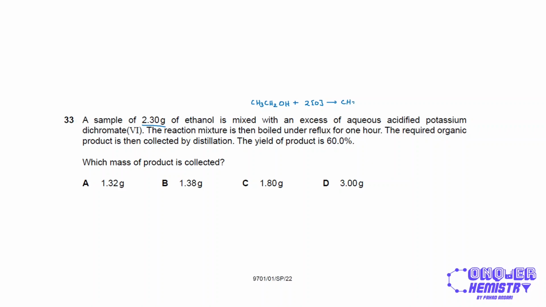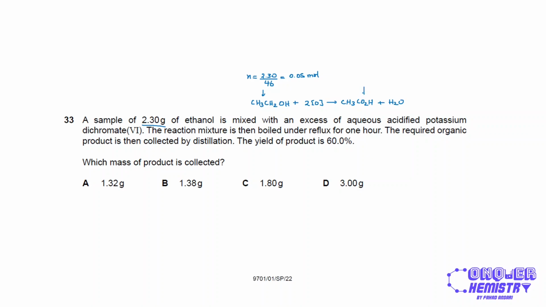Specifically, it will form ethanoic acid. First of all, we'll find the moles by dividing the mass by the Mr. This is going to give us around 0.05 moles.